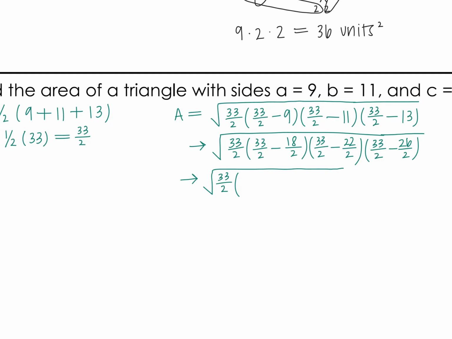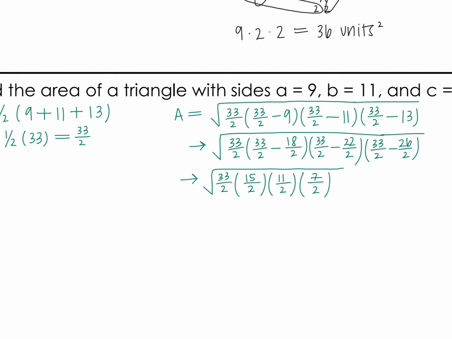And then that 33 minus 18 is going to leave me with 15 over 2. And then we'll have that 33 minus 22 is going to leave me with 11 over 2. And then 33 minus 26 is going to leave me with 7 over 2.